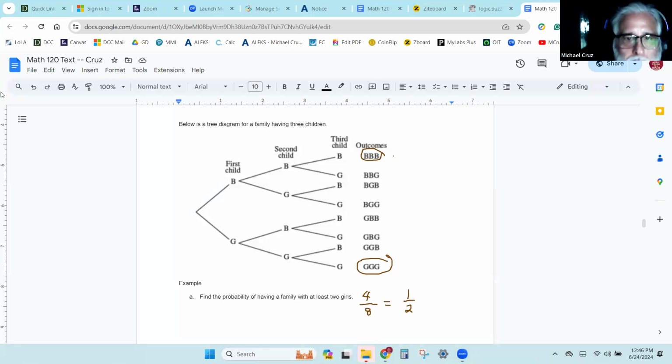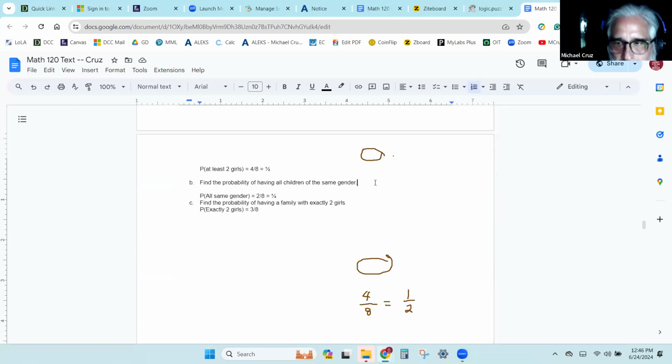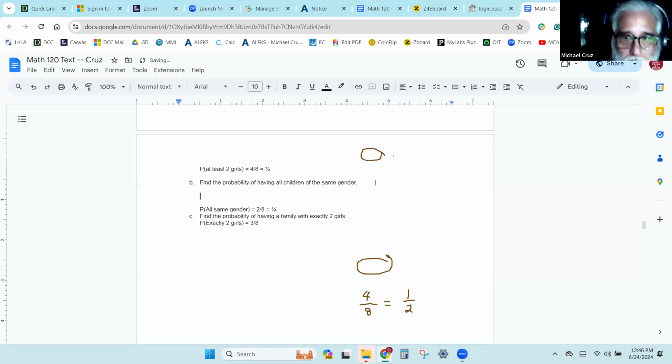So then the probability of all the same gender. Well, I already got it right there.